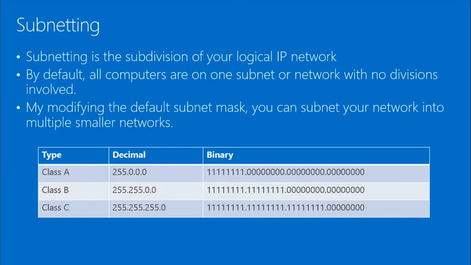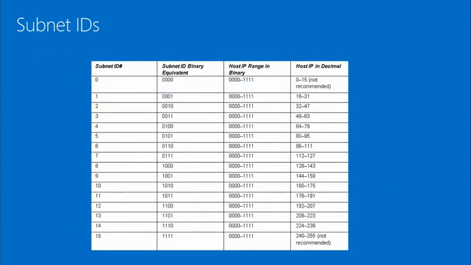So you look at your type, your class A, class B, class C, and see the decimal equivalents and the binary equivalents. So our subnet IDs, here are some different subnet IDs, the binary equivalent, the host IP range in binary, and the host IP in decimal.